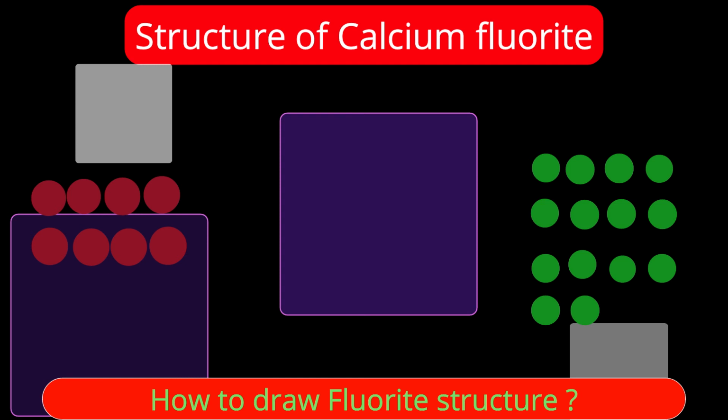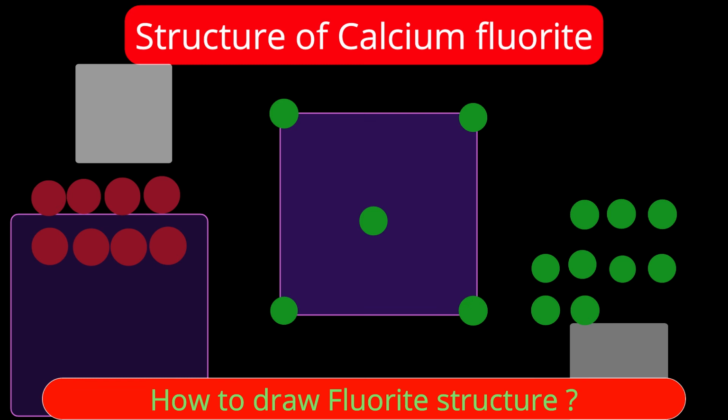First draw the backside face of the largest cube. I am drawing a large square, represented by blue color. Then place green colored small calcium ions at the corners of that square and at the center of the face.